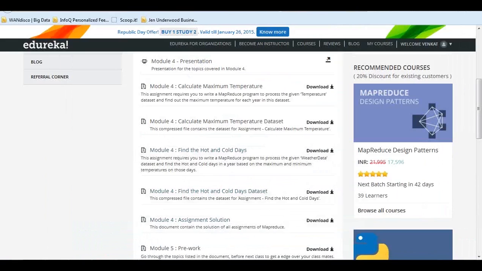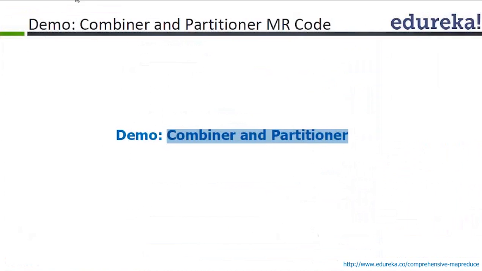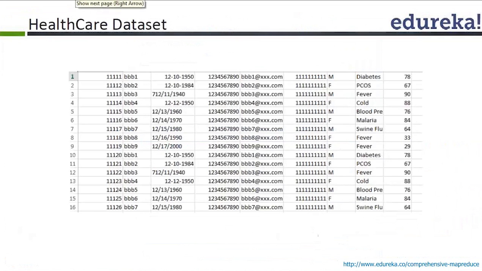Okay. So let's continue. We are going to talk about what a combiner and a partitioner is. So this is the healthcare data set you're having. It has a column for identifying the ID, some further details, some date, some email, some other information, then the male or female sex column, what is the disease that the patient had, and his age.